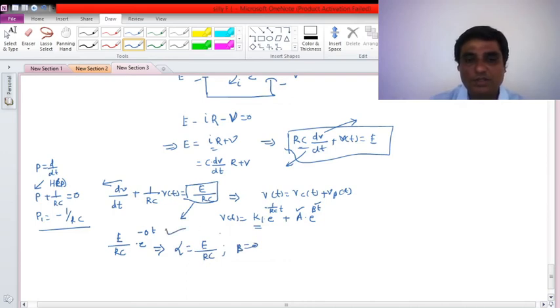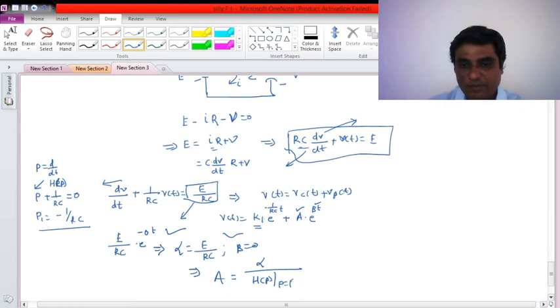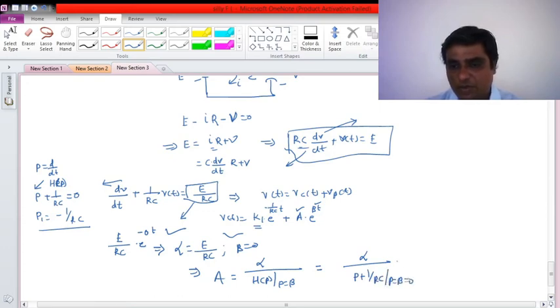Once I know alpha and beta, I can get A. A will be alpha divided by the characteristic polynomial evaluated at P equal to beta. So alpha divided by P plus 1 by RC, evaluated at beta which was 0, and alpha was E by RC, so it is E by RC divided by 0 plus 1 by RC, which is simply E.